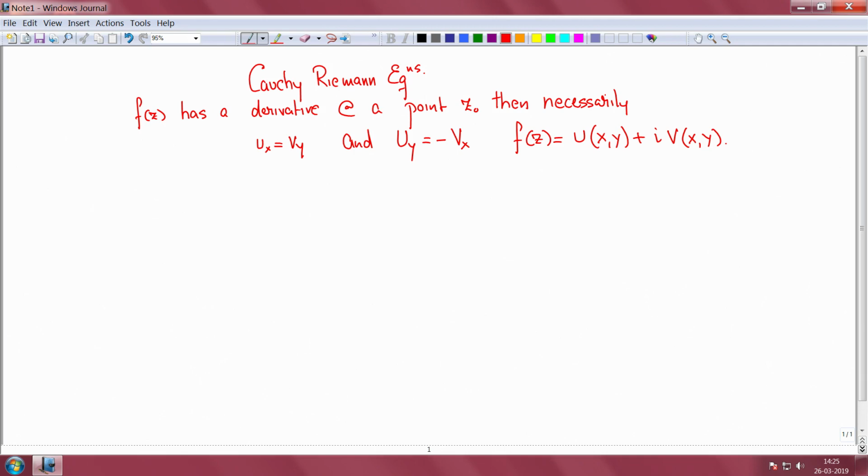So, the Cauchy-Riemann equations or conditions are necessary conditions, and necessary implies that if f of z has a derivative, that means it has an f dash of z at a point, then the CR equations must be satisfied.